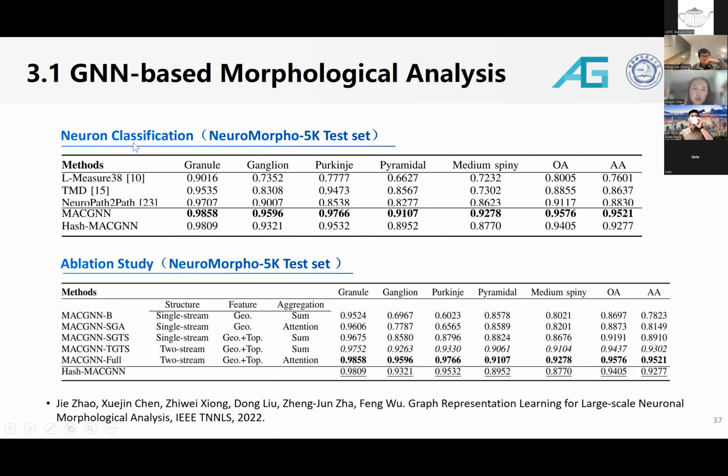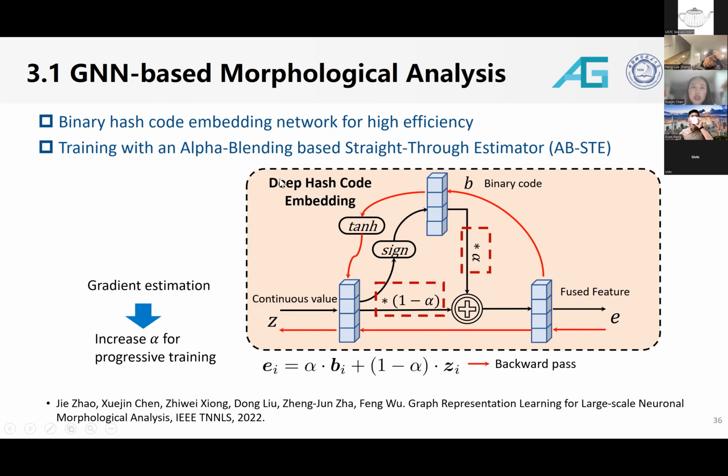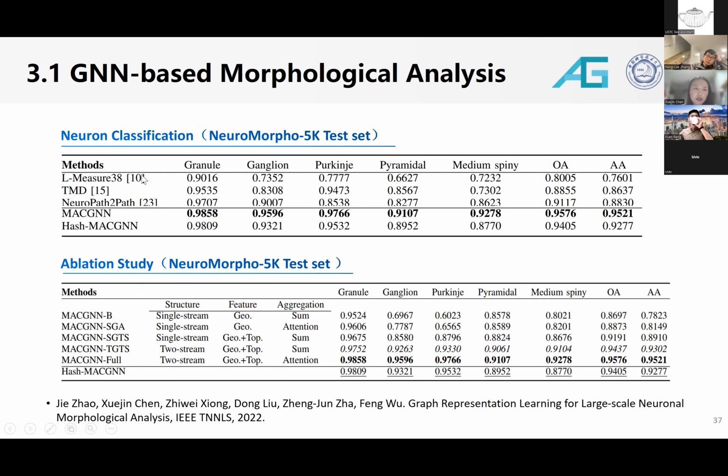So after we jointly train the graph neural network for feature representation and the binary hashing code embedding network together, we improve the representation capability of the graph neural network.